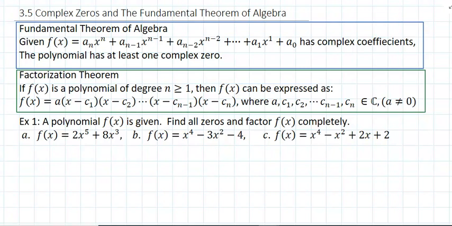Section 3.5 talks about complex zeros and the fundamental theorem of algebra, and here it is. The fundamental theorem of algebra states, given a polynomial that has complex coefficients, if you recall, these are the coefficients.